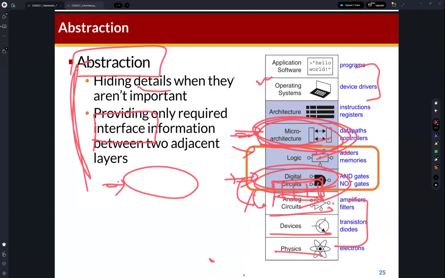But in order to build a better CPU, some other knowledge such as the logic part and digital circuit part are also required. But we can just focus on this part. So with this approach like abstraction, usually global optimization is not possible. We just get some local optimization result.